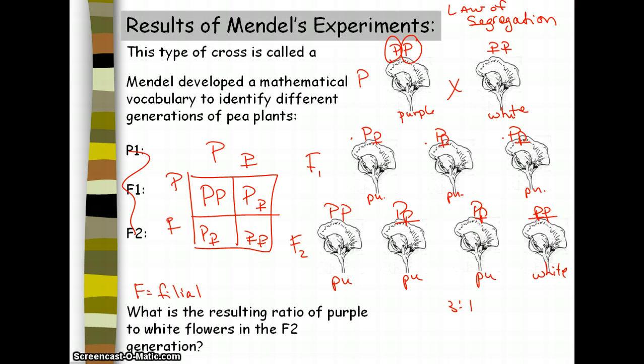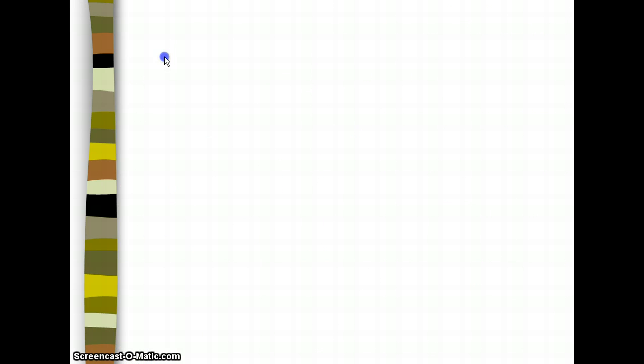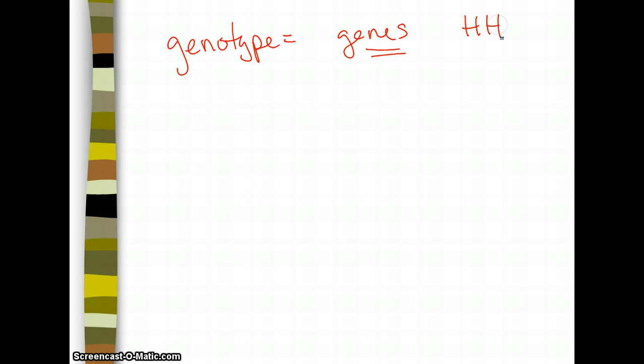Just to add a few more vocab words in there: genotype, which is the actual genes that are present, shown by alleles. So big H is a genotype. Big T, little t is a genotype. Whereas phenotype is the actual physical expression.